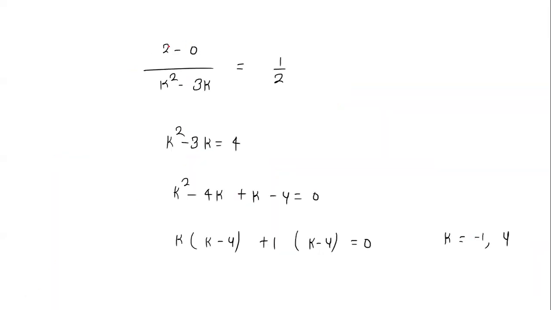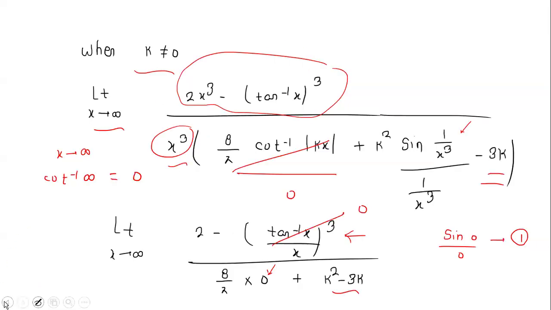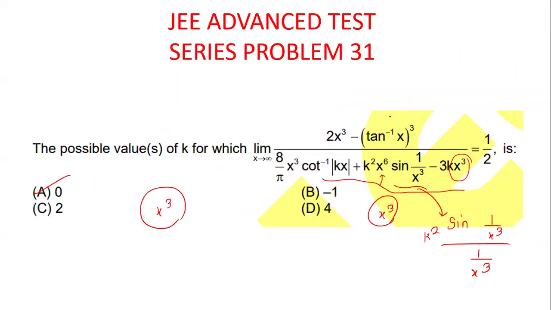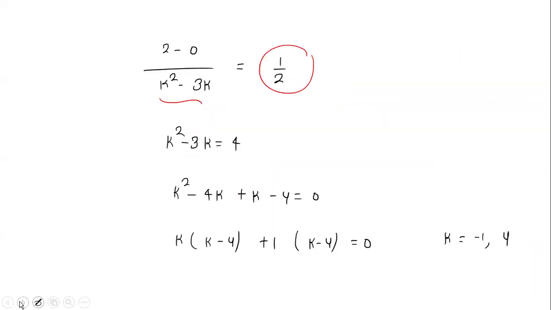So the remaining thing is only 2 divided by k square minus 3k, and we want the values of k for which this limit is equal to half. So we are equating this thing to half, and from here you will get a quadratic equation. You can take the 4 to the left hand side, and write minus 3k as minus 4k plus k.